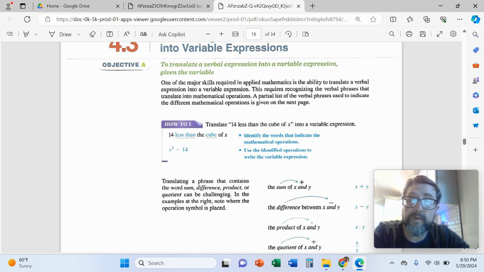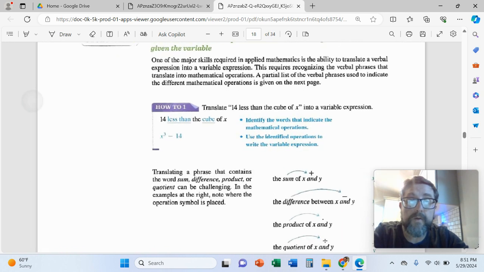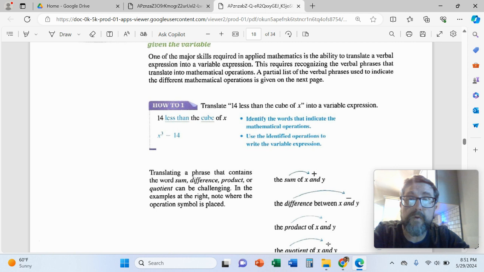We've done some of this here in the classes, but this is a little bit higher, so follow with me. This requires recognizing the verbal phrases that translate into mathematical operations. A partial list of the verbal phrases used to indicate the different mathematical operations is given on the next page.